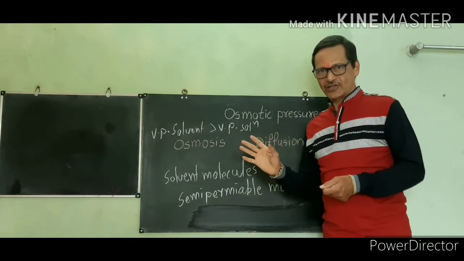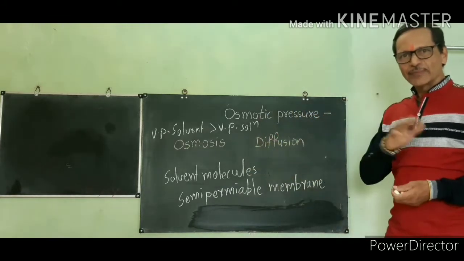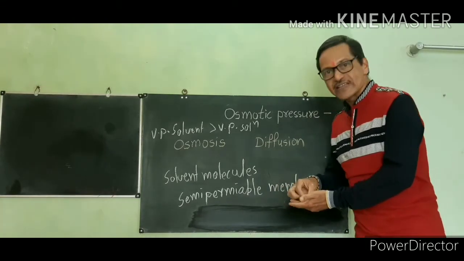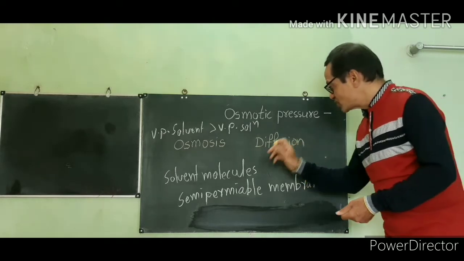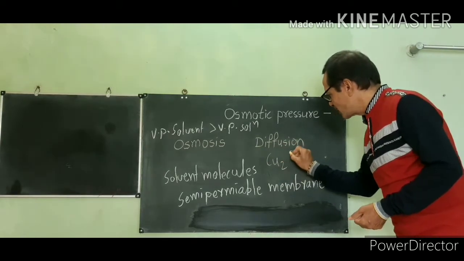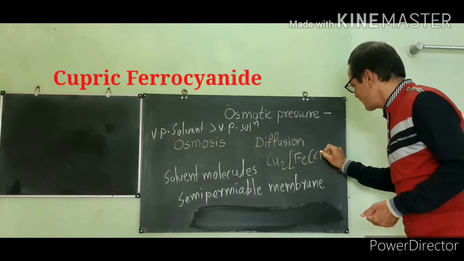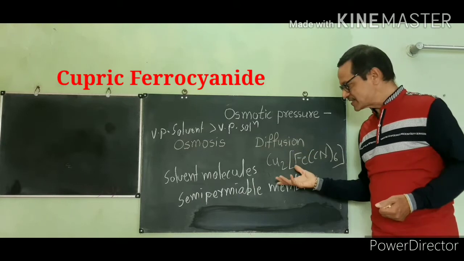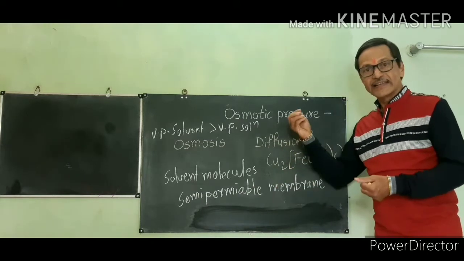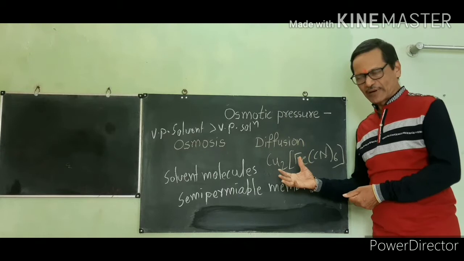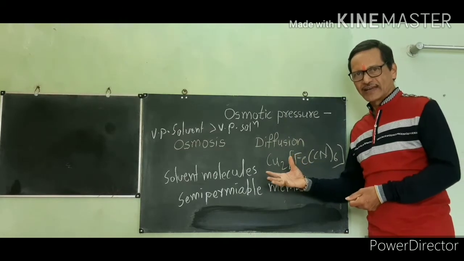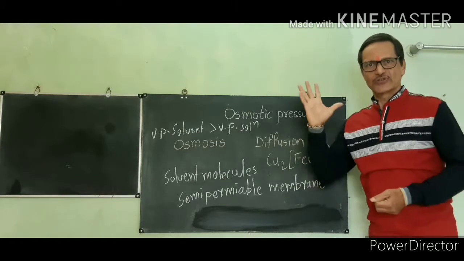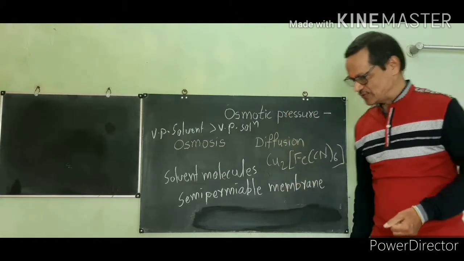That's why artificial semi-permeable membranes are used. One of the artificial semi-permeable membranes is cupric ferrocyanide, a coordination compound. This is the famous semi-permeable membrane. Semi-permeable membrane has a selective property. It allows only small solvent molecules, not solute molecules.